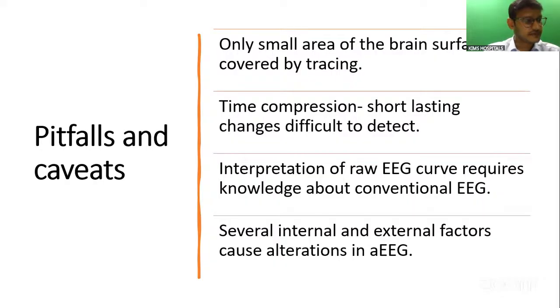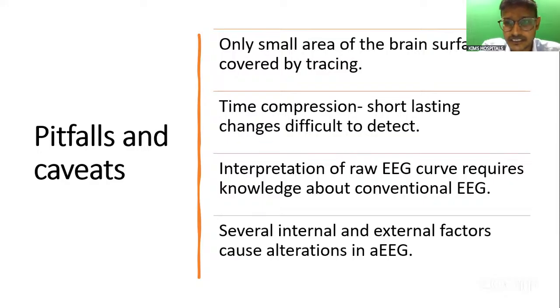So there are certain pitfalls and caveats. The tracing is a limited channel tracing. It covers only a small surface of the cortex, and it is a time compressed scale. So if there are any short lasting changes like seizures, it is very difficult to see.